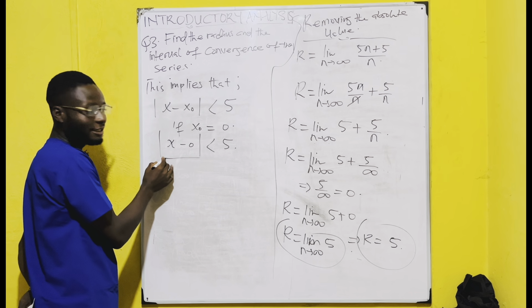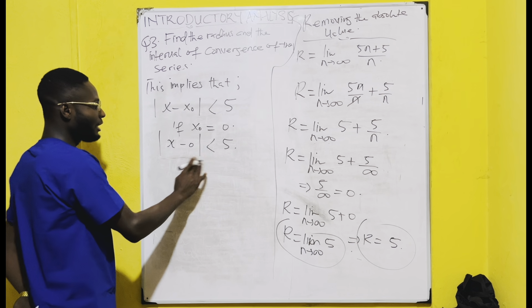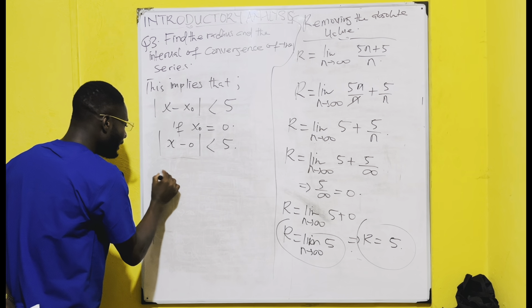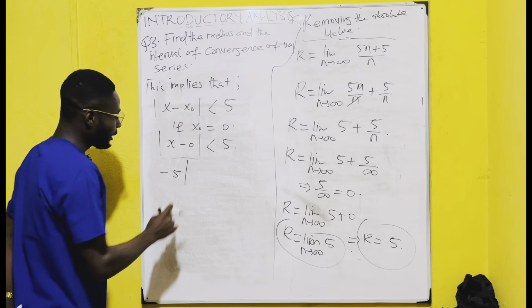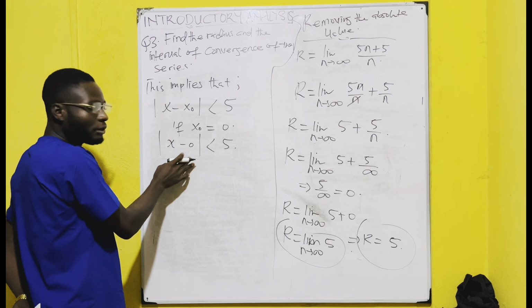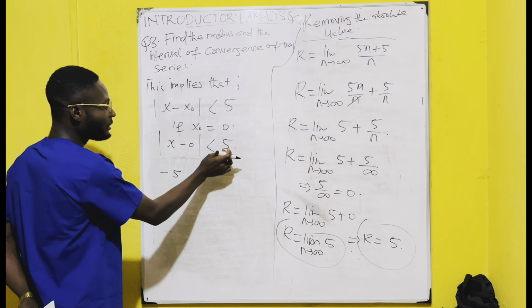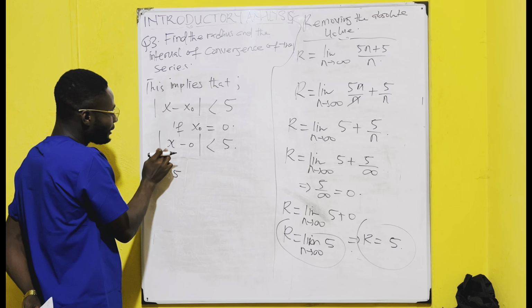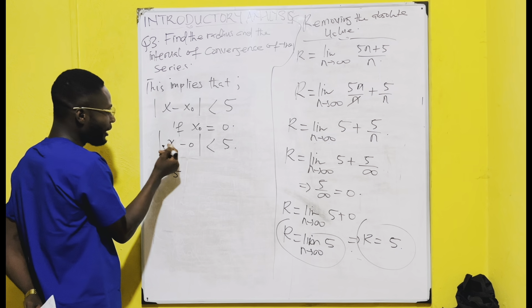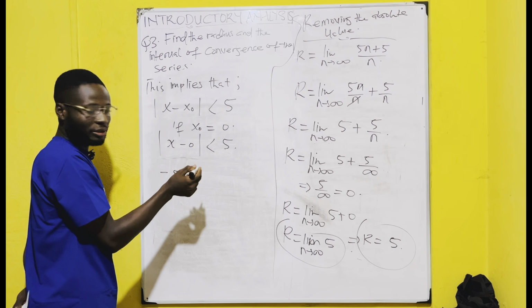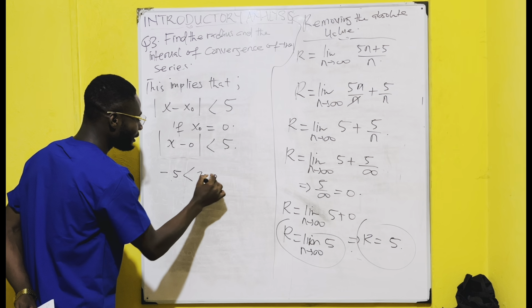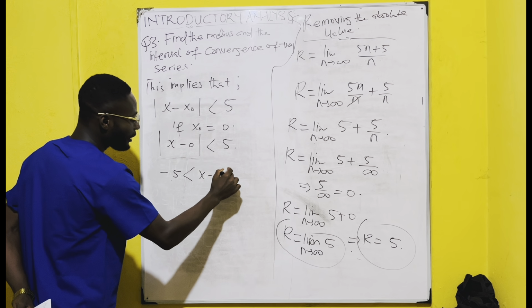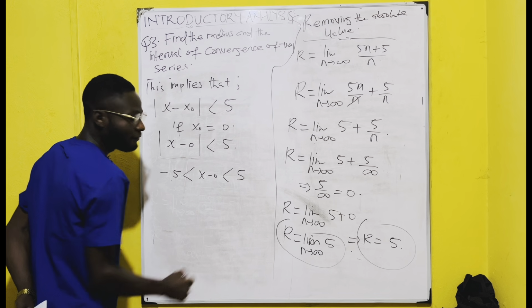This statement means that in the absolute sign, if you remove the absolute sign, you have both negative and positive. So we have negative 5 less than x minus 0 less than 5, okay?